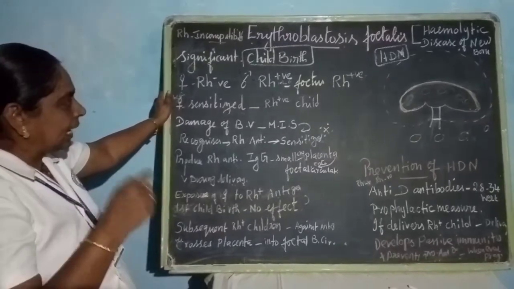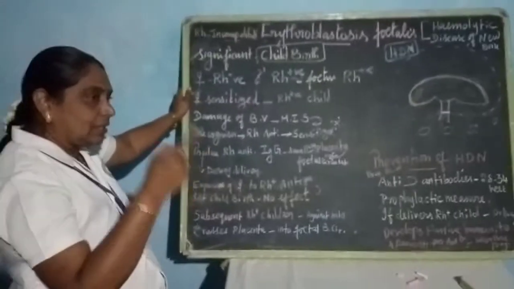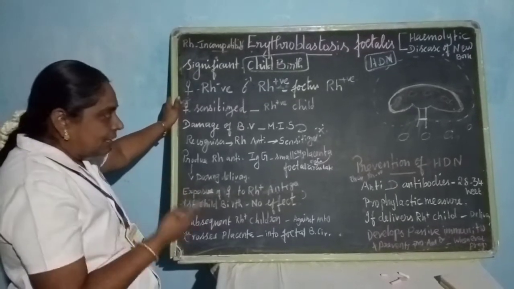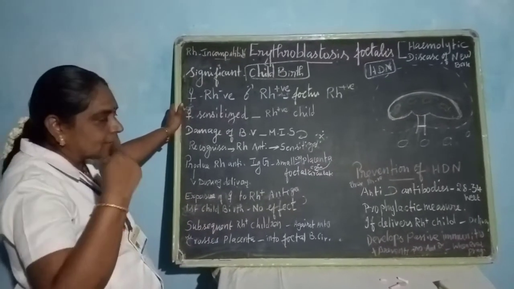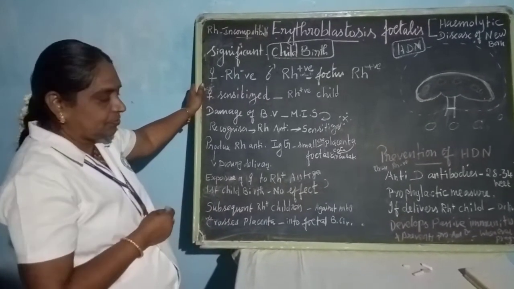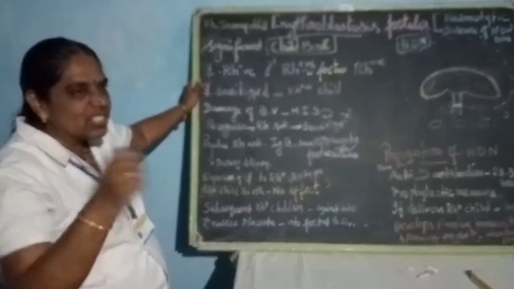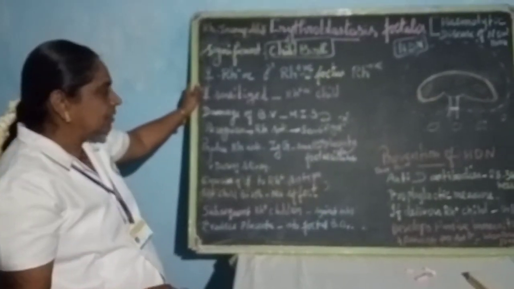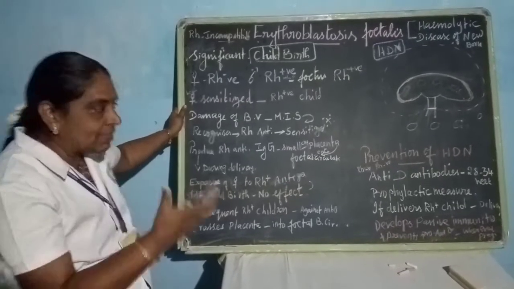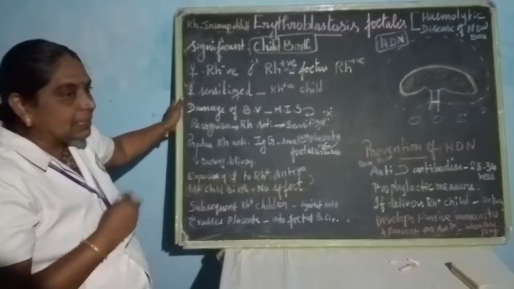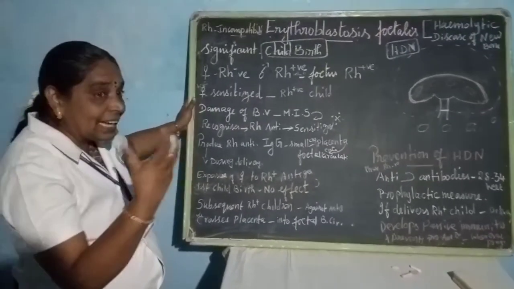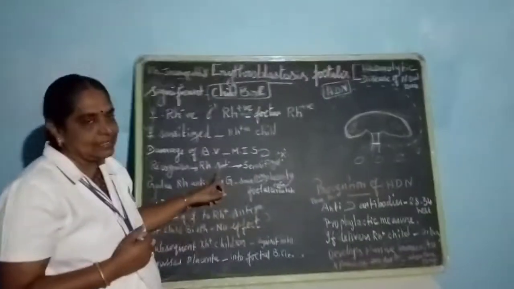When the RH negative mother carries an RH positive child, the mother is sensitized. How is she sensitized? During delivery, due to the damage of blood vessels, the mother's immune system recognizes the RH antigen.